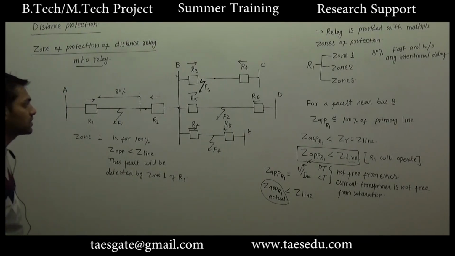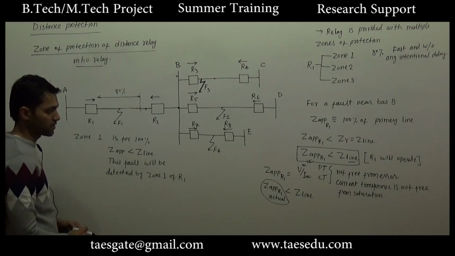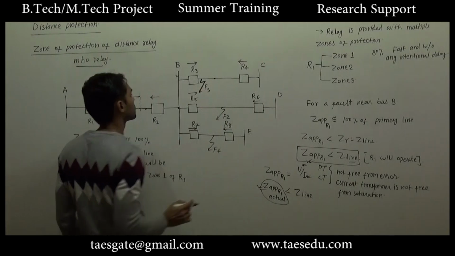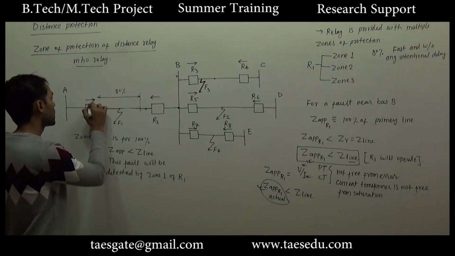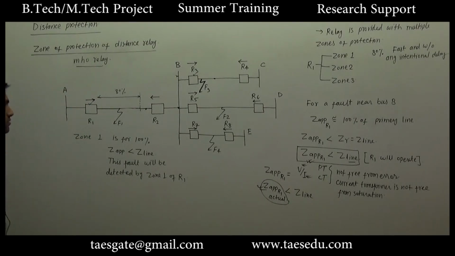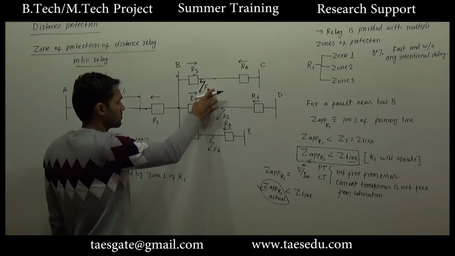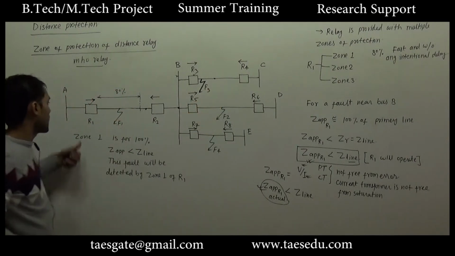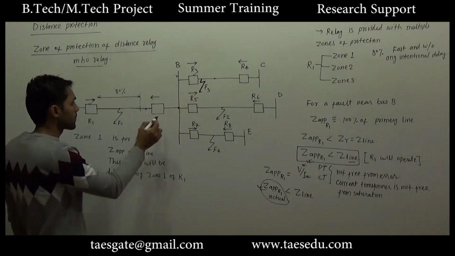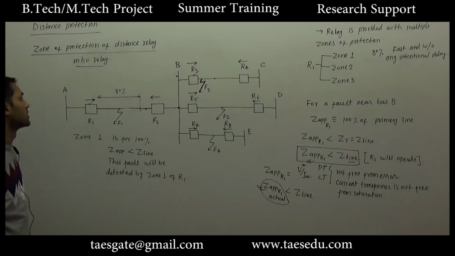So now what will happen? If this condition is satisfied, for this fault, relay R1 and relay R3 will compete for their operation. If relay R3 is operated first, then it is okay, but if relay R1 is operated first for this fault, unnecessarily this part of our system will be isolated.